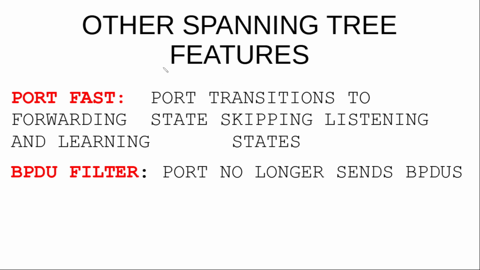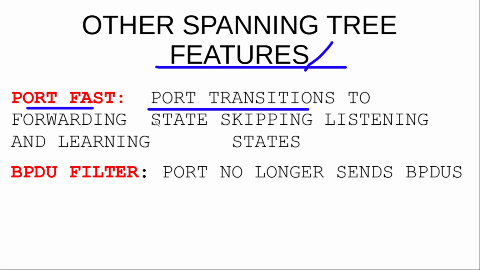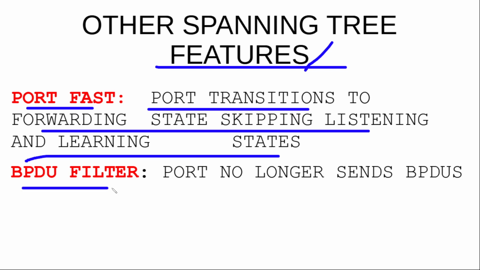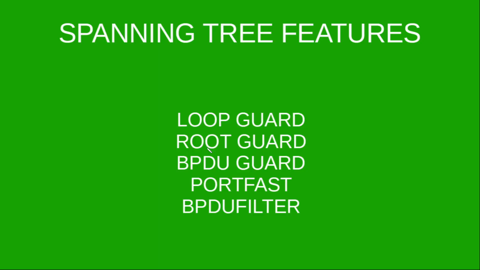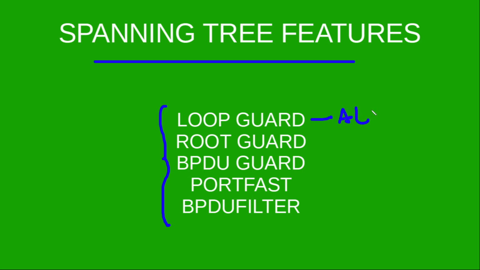Now, other features: PortFast. If you enable PortFast, your port transitions to forwarding state, skipping the listening and learning states. And with BPDU filter, your port no longer sends BPDUs to the outside world. So this is a summary of your spanning tree features. Loop guard applies to alternate ports.